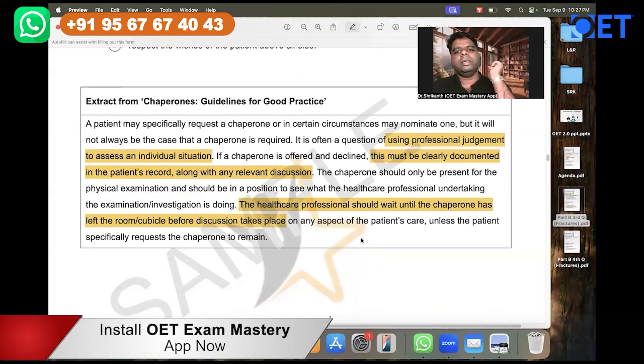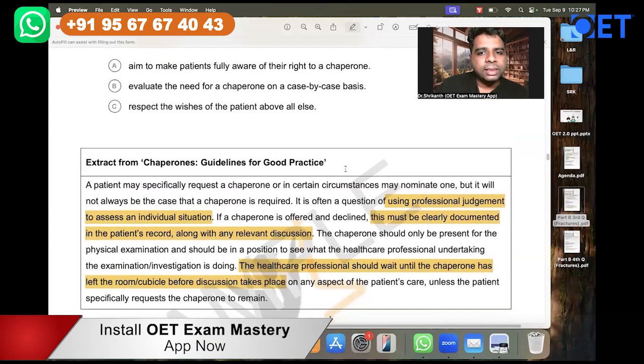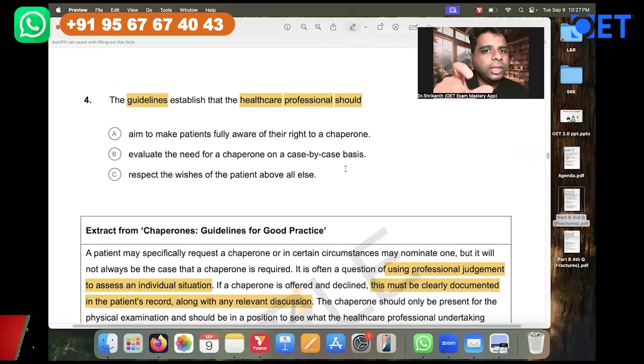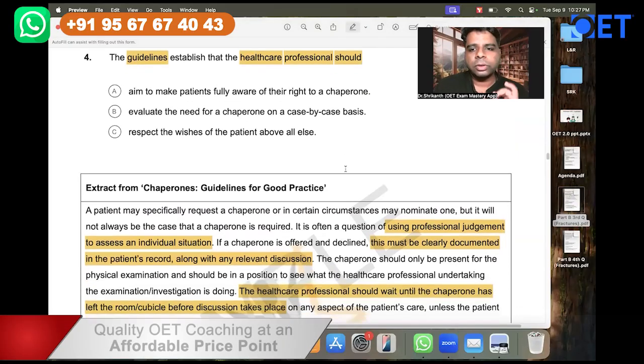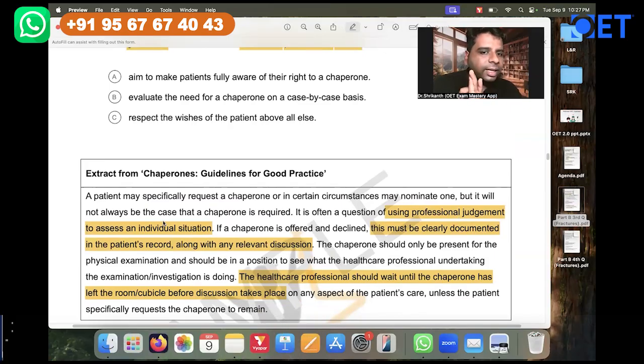Now see, these are the three portions where the guideline is saying something to the healthcare professional. What is the first expectation? The healthcare professional must use their professional judgment to assess an individual situation. What is the second expectation?